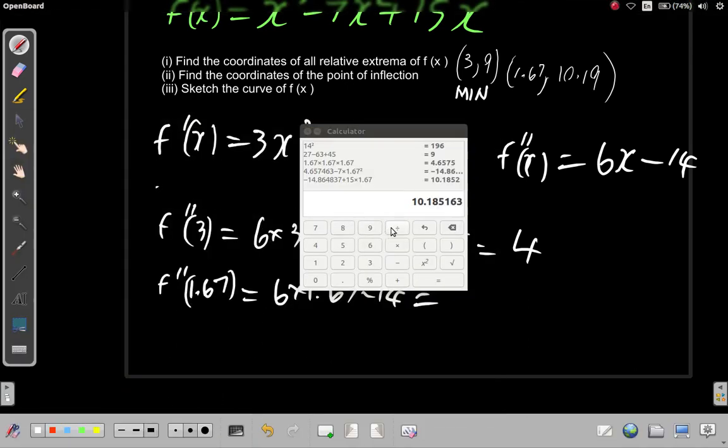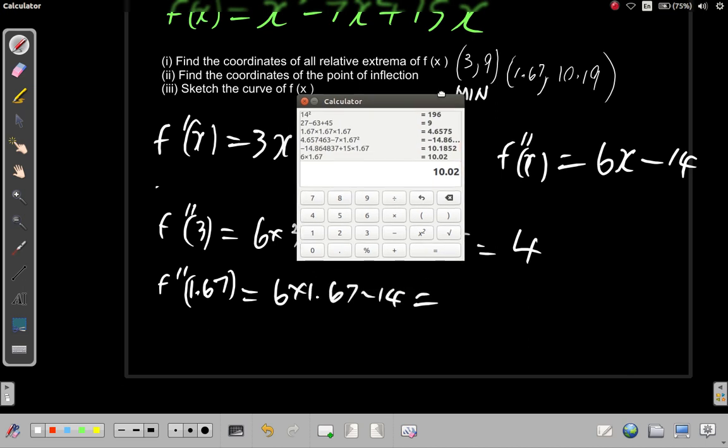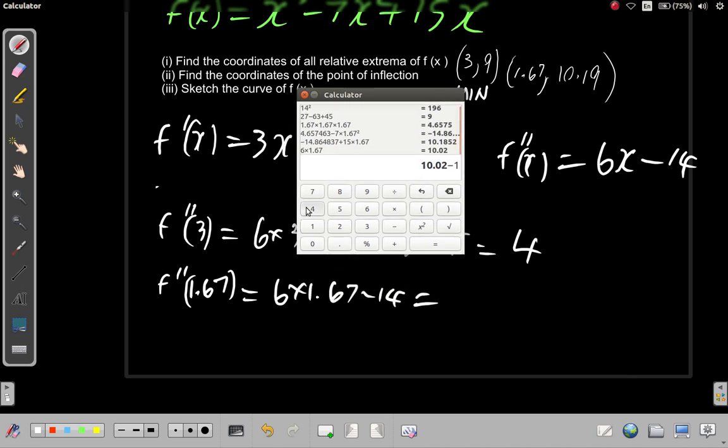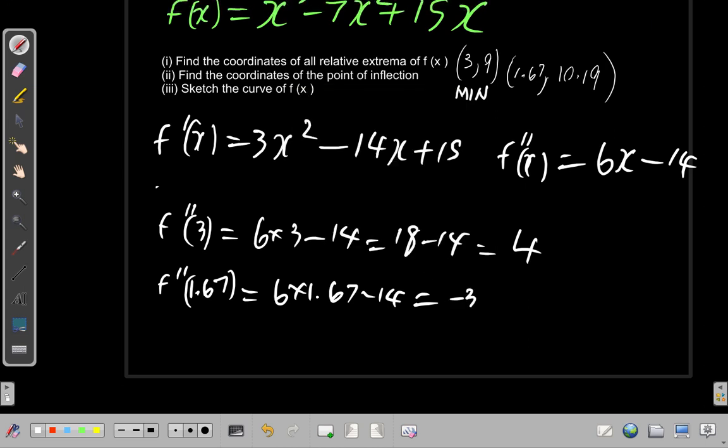That's 10.02, minus 14 will give you negative 3.89. From the fact that this is negative, it means you have a maximum point here. All right?